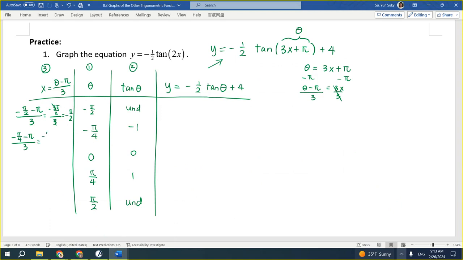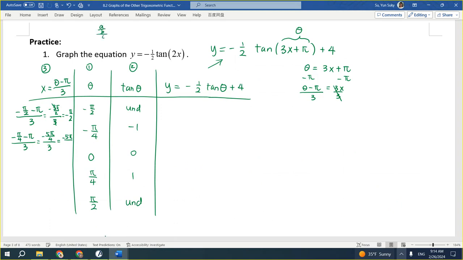Negative 5 pi over 4 over 3. So when you divide by 3, the 3 is in the denominator.